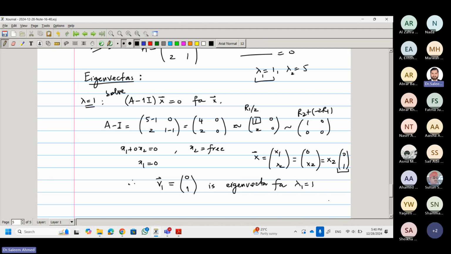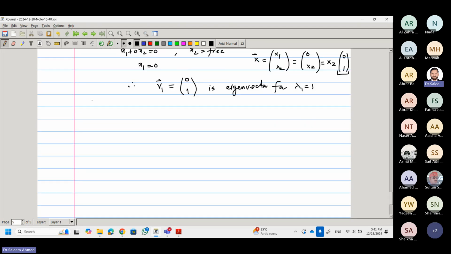So for the first eigenvalue, I got the first eigenvector. The second eigenvalue is lambda equal to 5. So I have to solve now A minus 5I, A minus lambda I x equal to 0, and we are solving it for x. A minus 5I means subtract 5 from the diagonal.